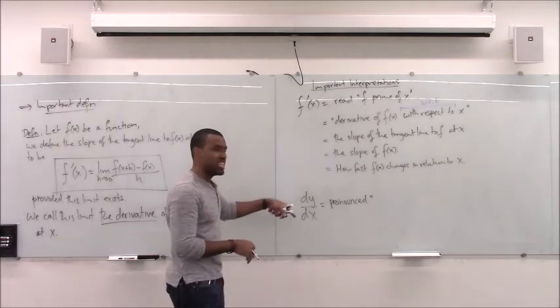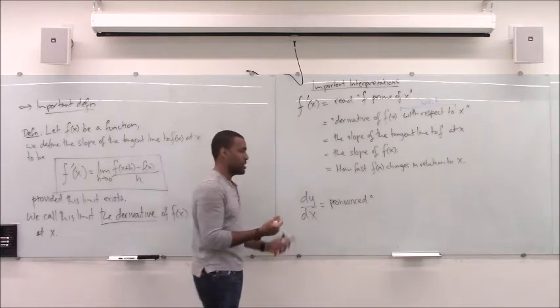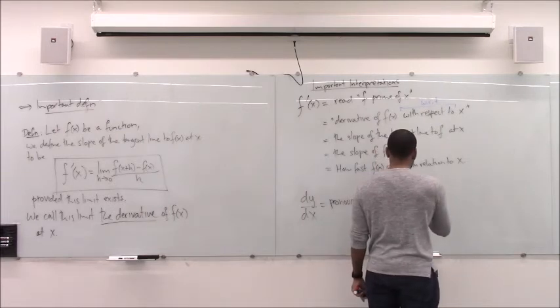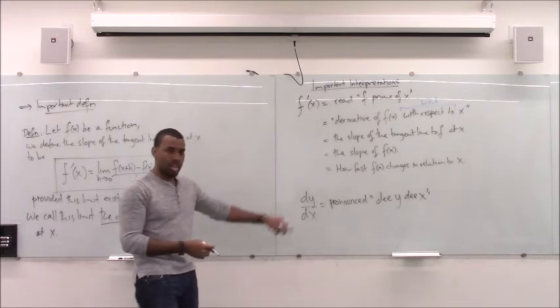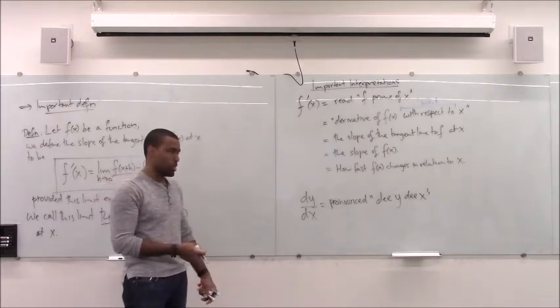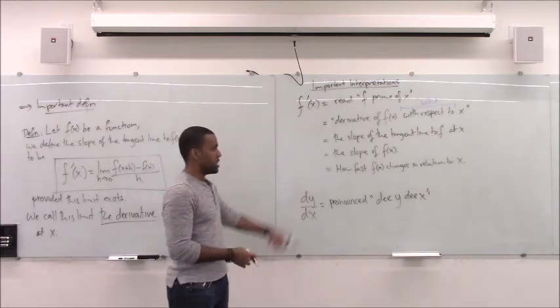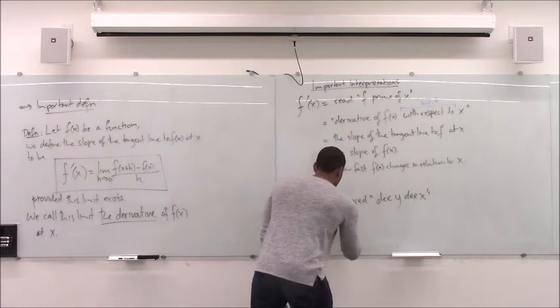So you don't want to read math in a weird way. You need to know how to say it. It's dy dx. Everyone knows I mean dy divided by dx, and everyone knows that's the slope of the tangent line. It has all the same interpretations.